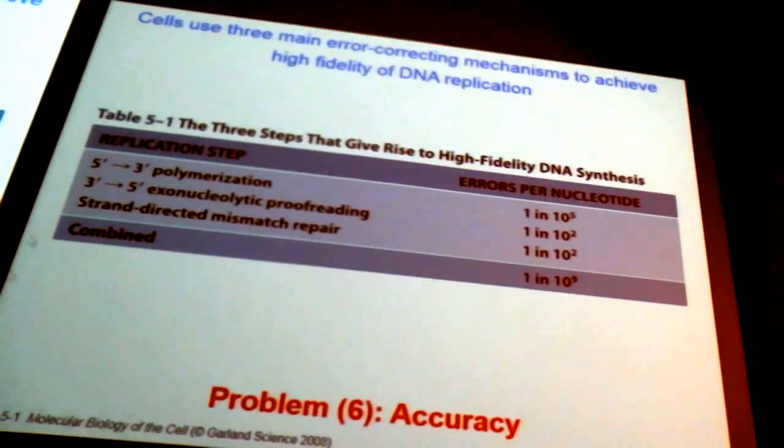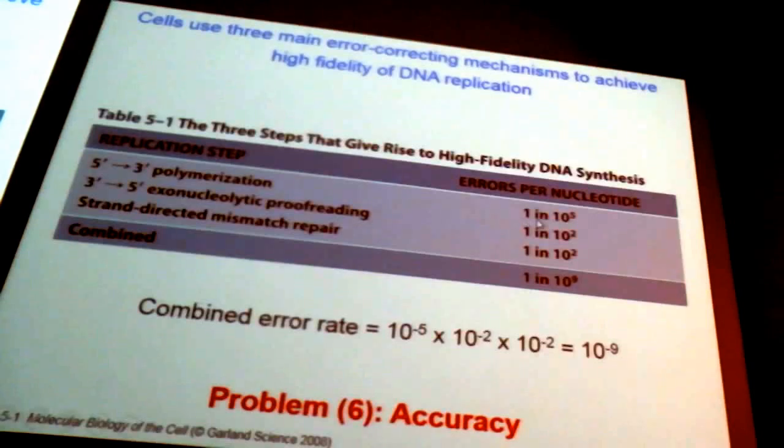The second one is called strand-directed mismatch repair, where the cell knows which is the newly synthesized strand, and so it guesses that must be the one that's wrong and fixes it. Okay? Those two processes together give you this final rate of, 1 in 10 to the 5 times 10 to the minus 2 times 10 to the minus 2 gives you 10 to the minus 9. That's how you get the high accuracy of DNA replication in effect.